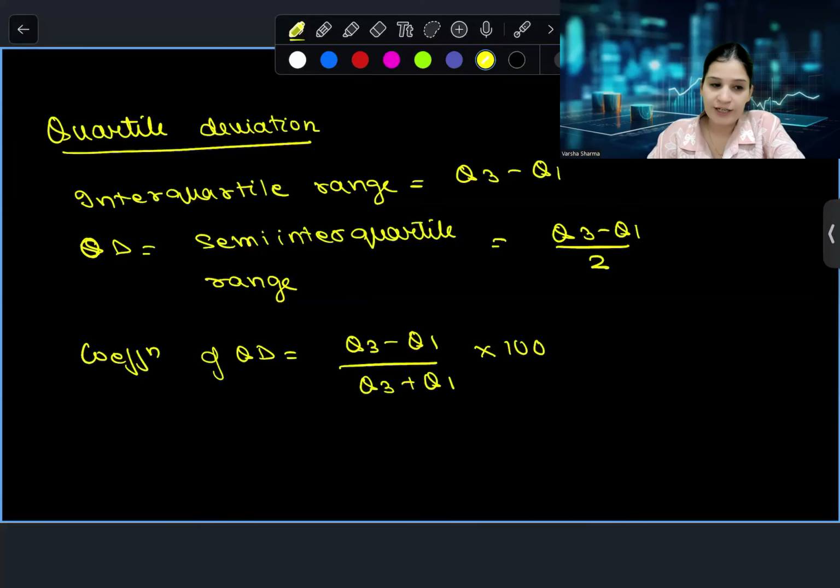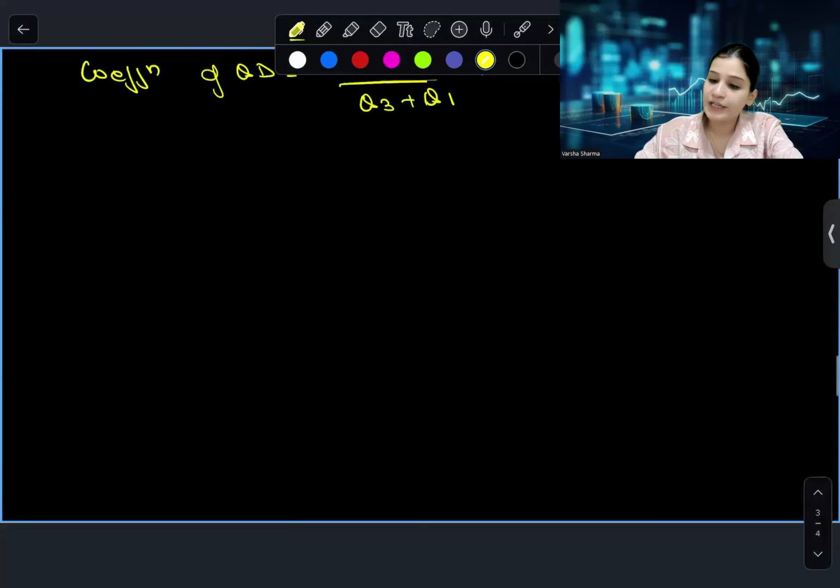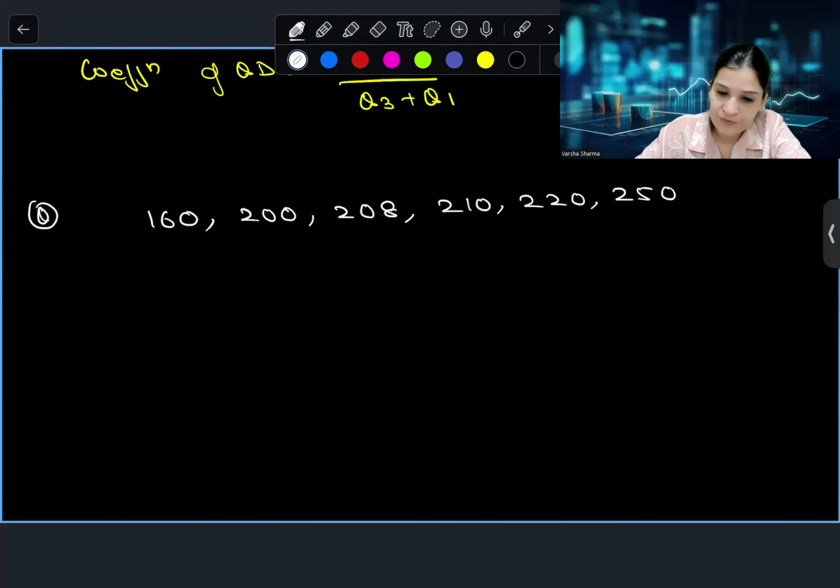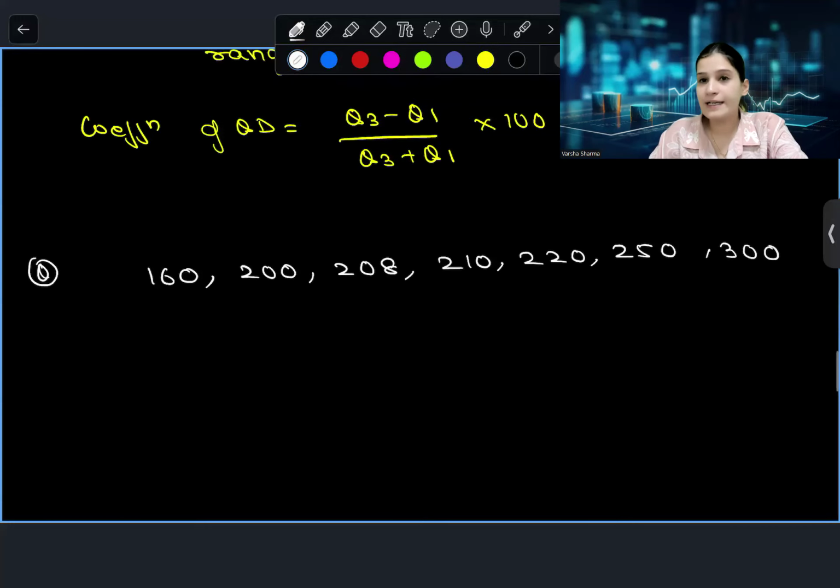Remember, quartiles and median are positional values. That means it is important to arrange the data in ascending order. For an individual series, I'm giving it to you in arranged format: 160, 200, 208, 210, 220, 250, 300. The formula that we adopt is n plus 1.